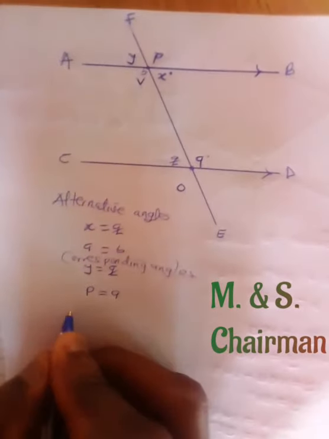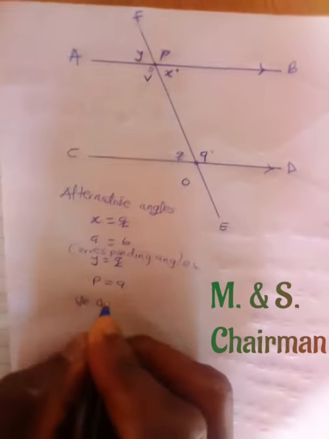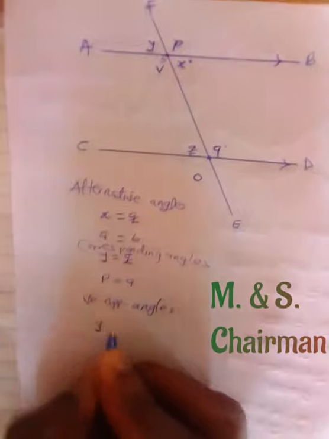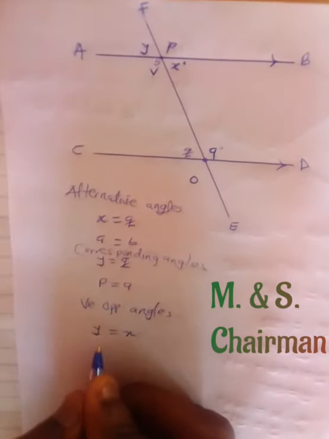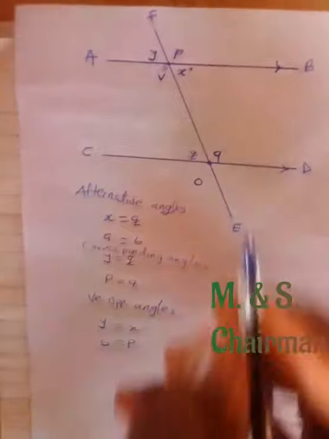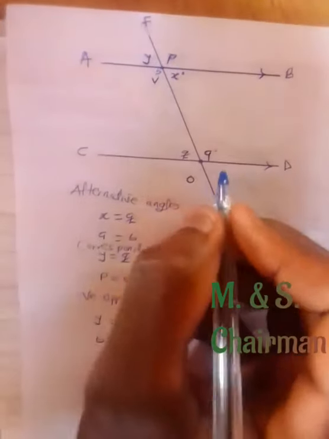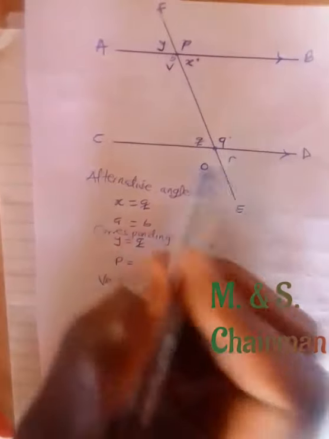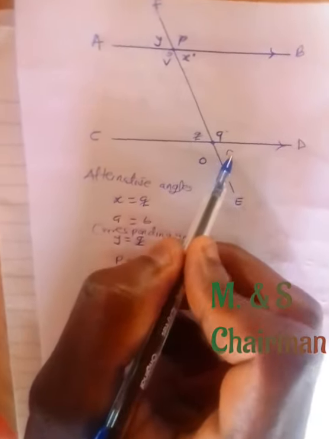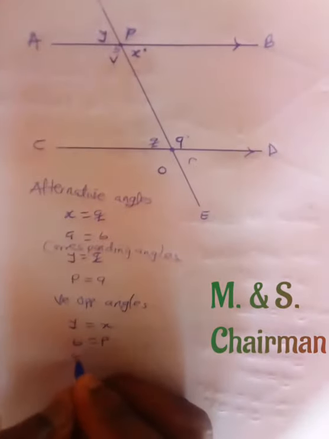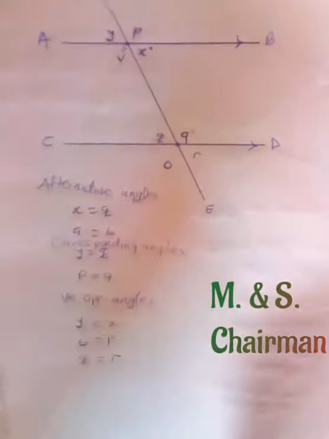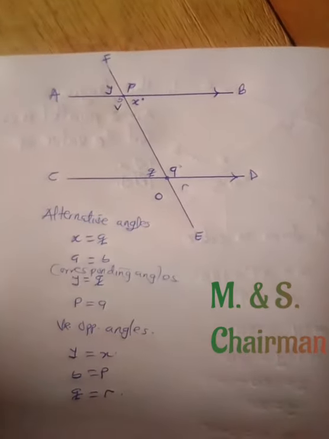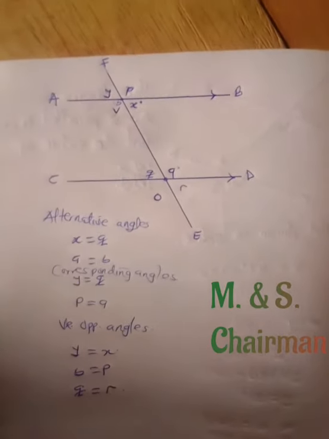So I have Y is equal to S, and I have B is equal to P. If here is Q, I can say here is my R. So vertically opposite angles, Q is equal to R. That's vertically opposite angles. So tackling angles is never difficult. This is just a summary.